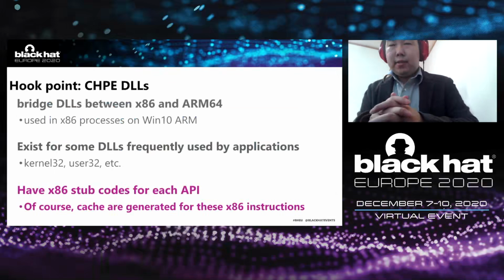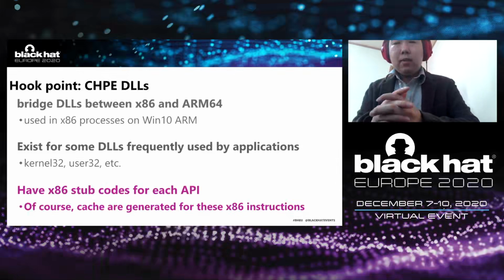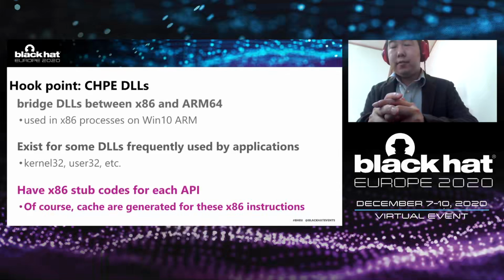CHPE DLLs offer a good hook point to do this. They are bridge DLLs between x86 and M64. They are used in x86 processes on Windows 10 ARM. They exist for some frequently used DLLs, like kernel32 and others. Most hook points are covered by CHPE DLLs.